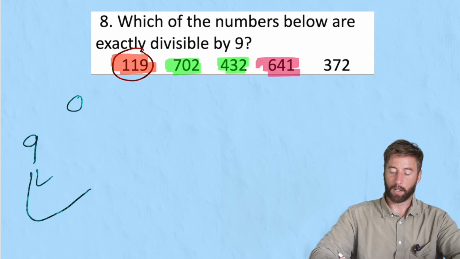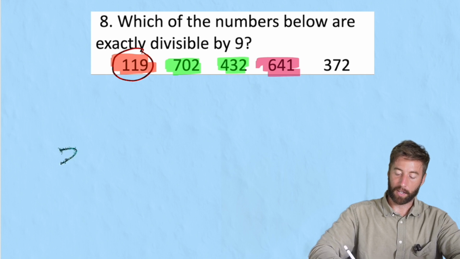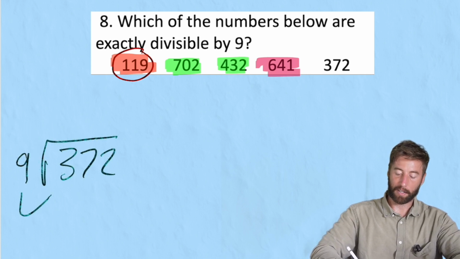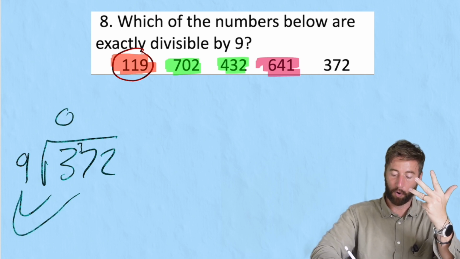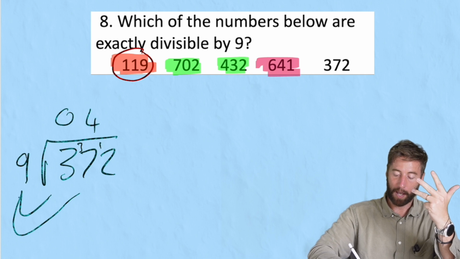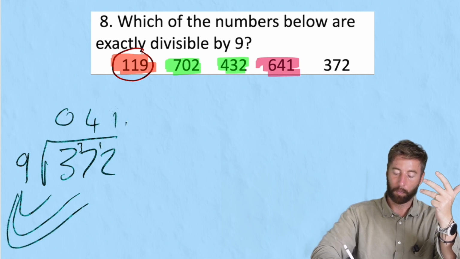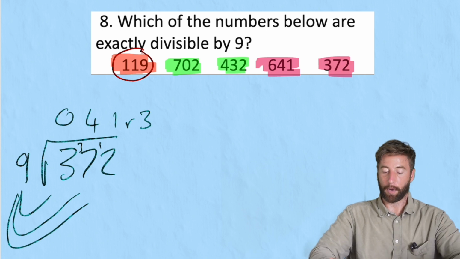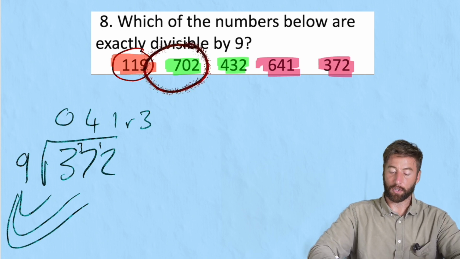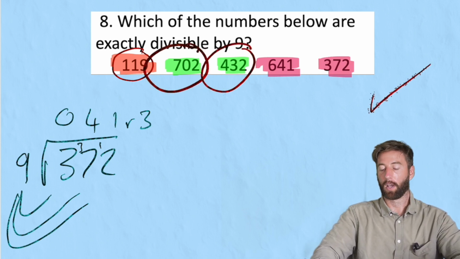One last one, and then we can take a breather. 372 divided by 9. How many 9s in 3? Don't go. Move the 3 across. How many 9s in 37? 9, 18, 27, 36. So I have 4. 1 left over. How many 9s in 12? 1 with 3 left over. Not divisible by 9. So my only two answers are 702 and 432.